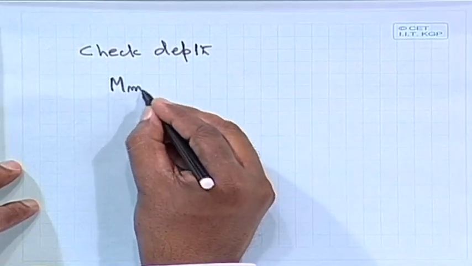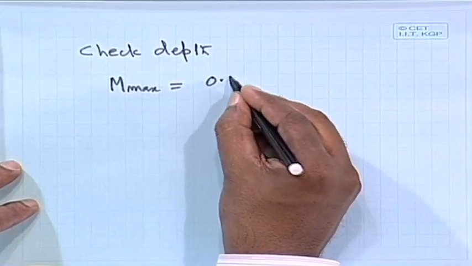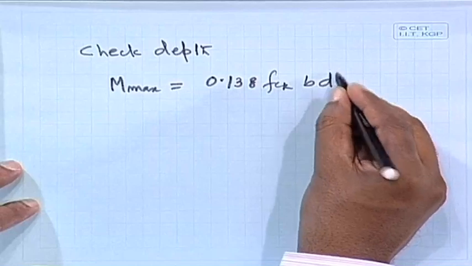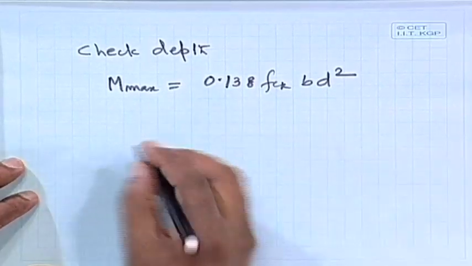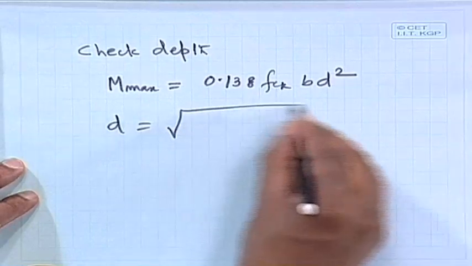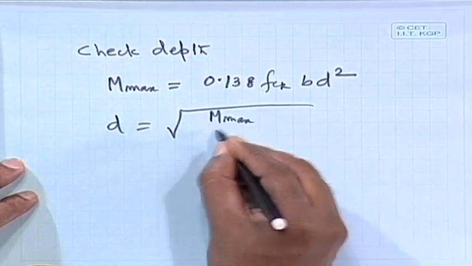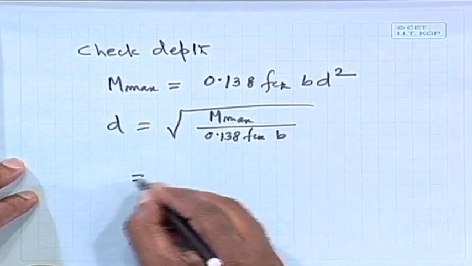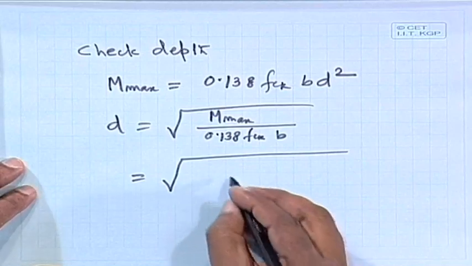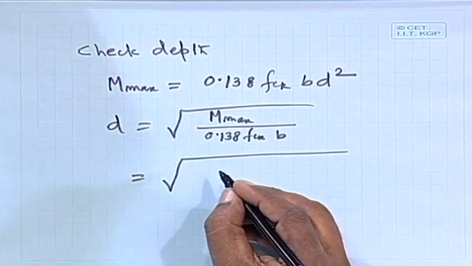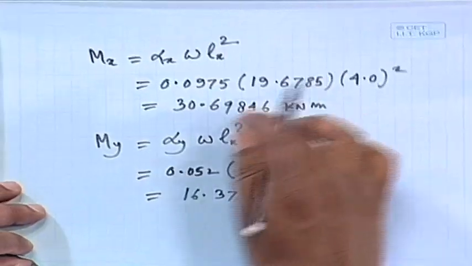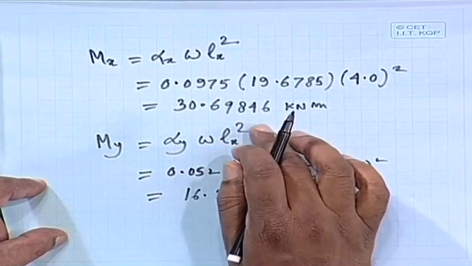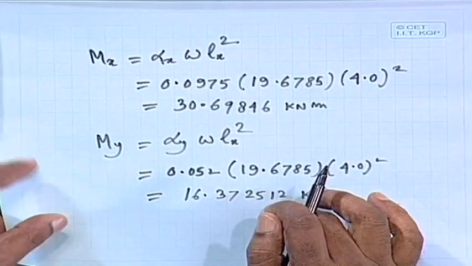M max equals 0.138 fck b d square, so d equals root of M max by 0.138 fck b. Out of these two, 30.69846 is the maximum, so we shall use this one for checking depth. Then automatically the other one will also be checked.